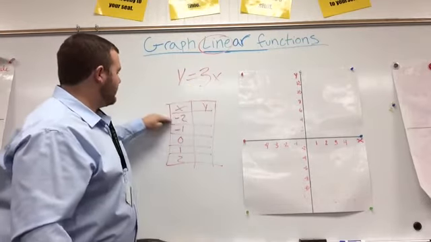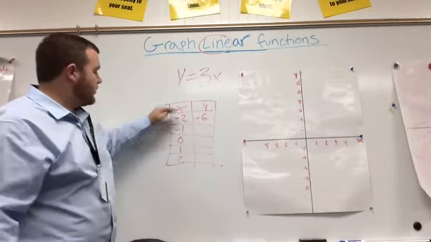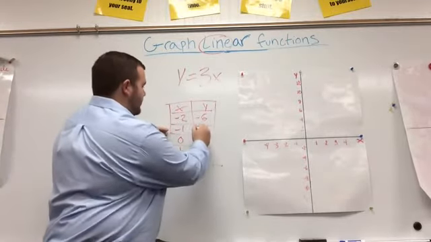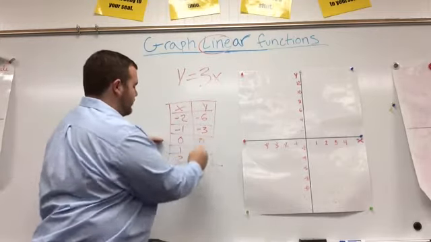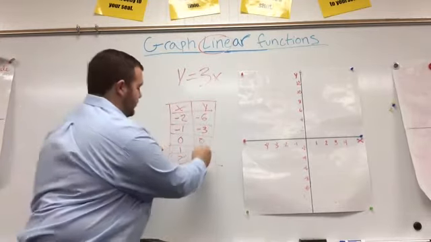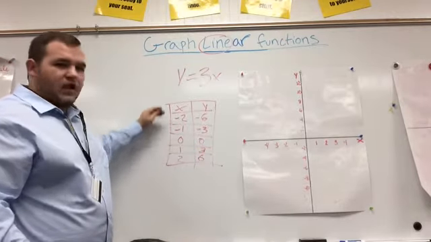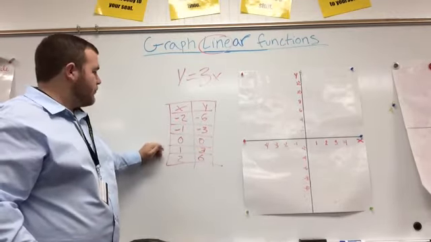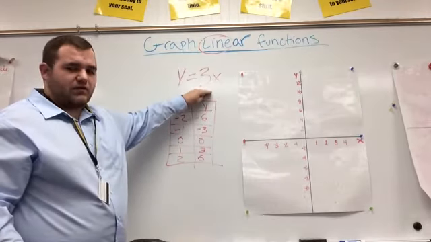So 3 times -2, we get -6. 3 times -1, -3. 3 times 0 is 0. And then 3 times 1, we get 3. And then for 2, we get 6. So now we've created our table by plugging the x values into our equation that we were given.